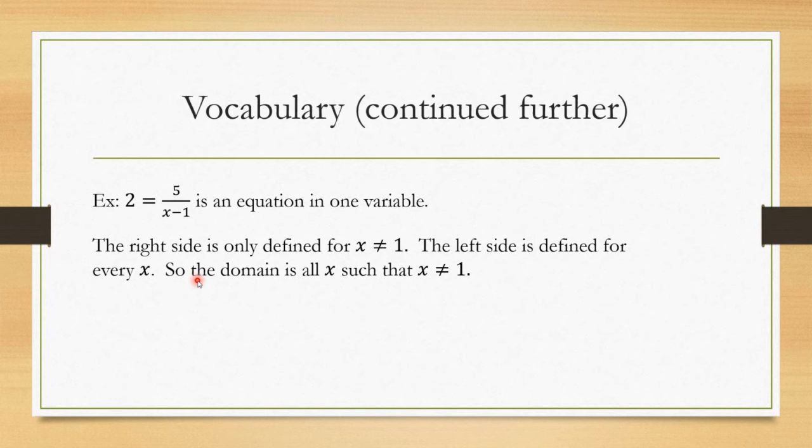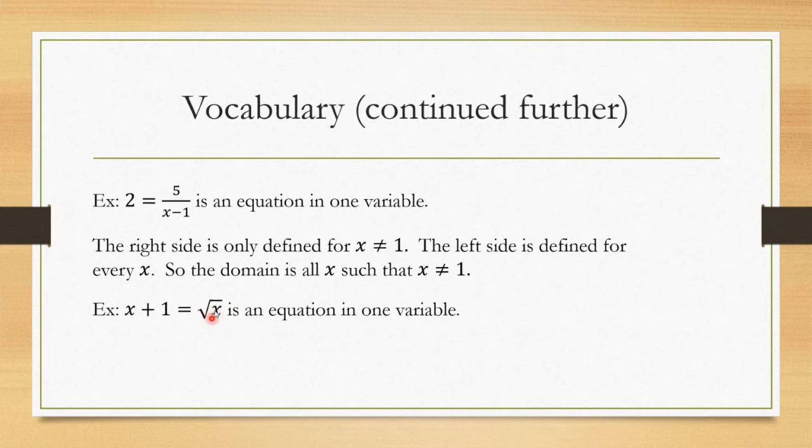Okay, that's one example. What about this one? Well, we saw in section P6, the previous one with square roots, that the square root is only defined for 0 or positive numbers.